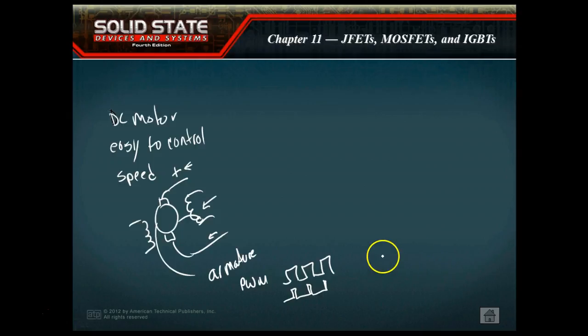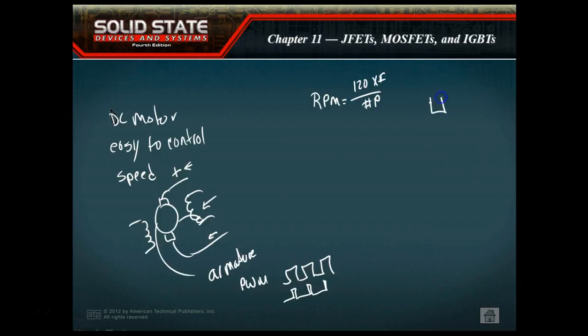The problem we have with an AC motor is that it wants to run at slightly less than what we call synchronous speed. So the RPM of an AC motor is set by 120 times the frequency divided by the number of magnetic poles.